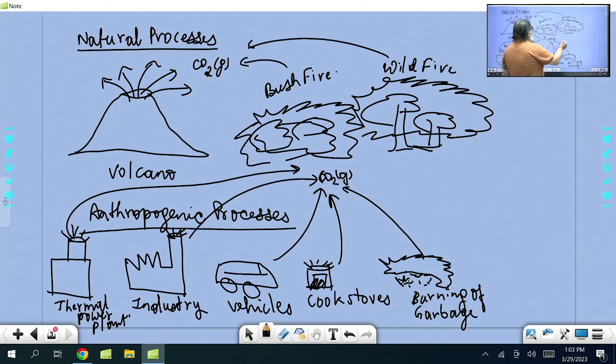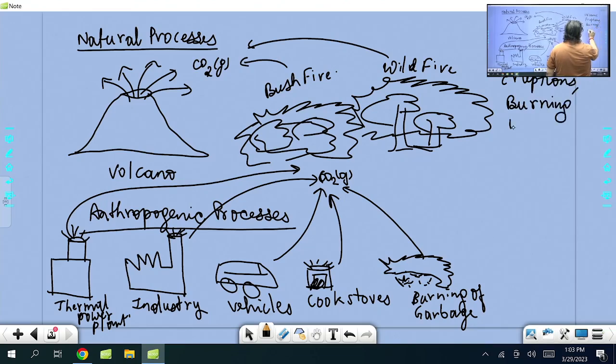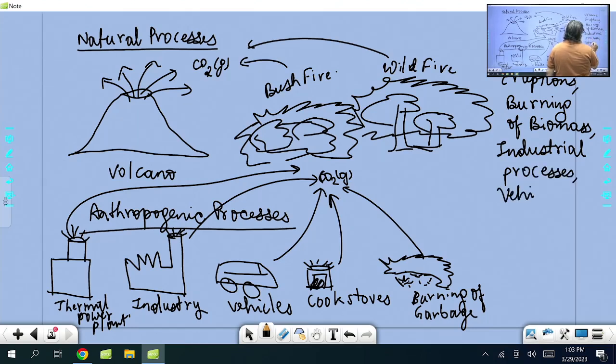So I'll write here: volcanic eruptions, burning of agriculture residue or biomass, burning of fuel wood, then industrial processes, vehicular emissions.